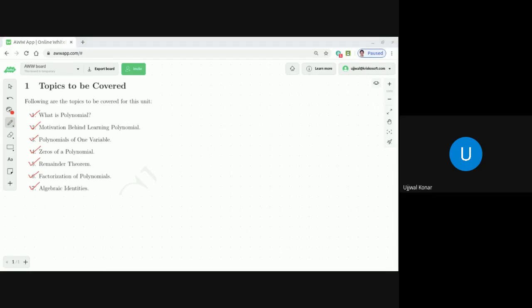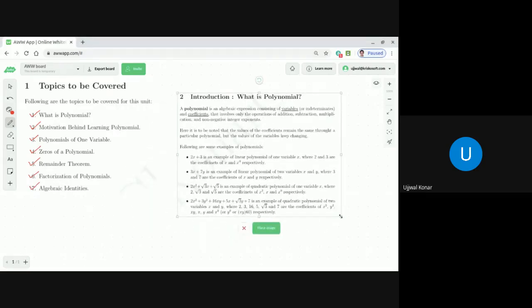So to start our discussion, let's first understand what a polynomial is.